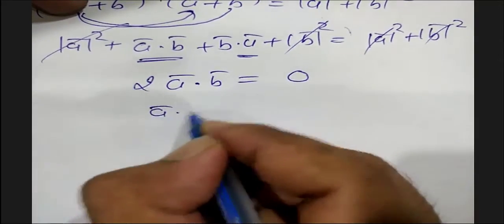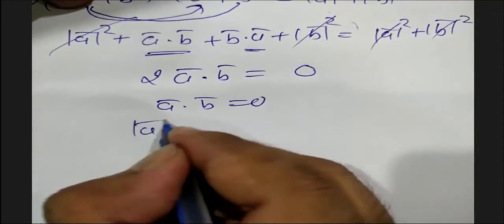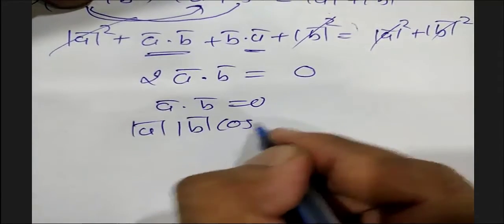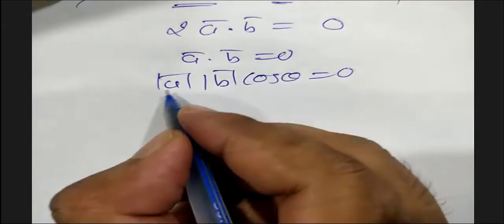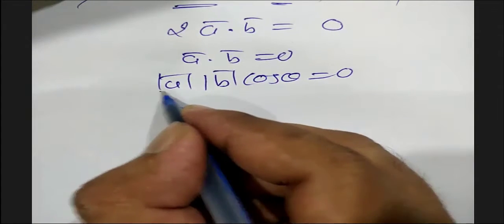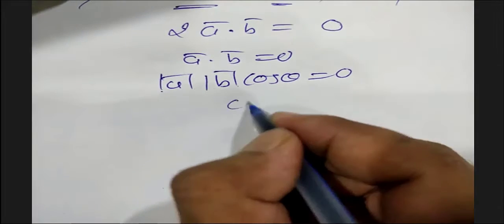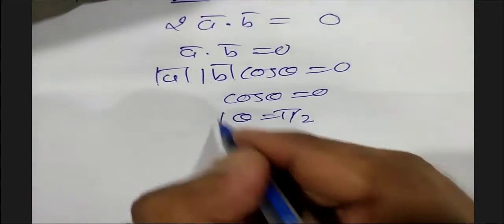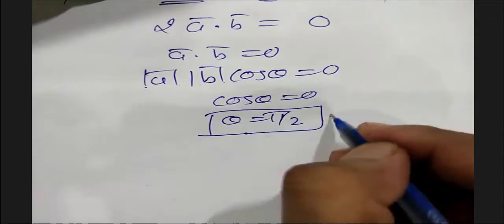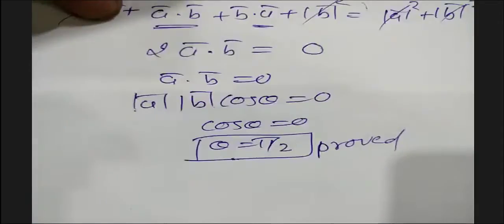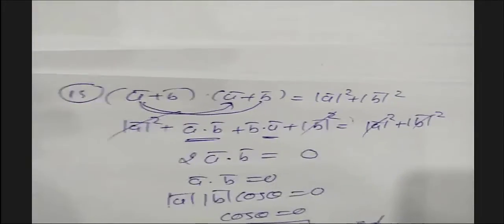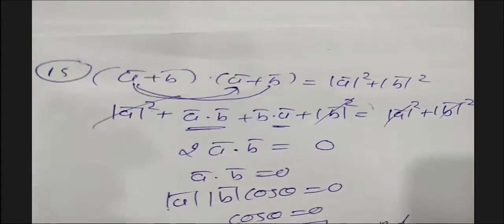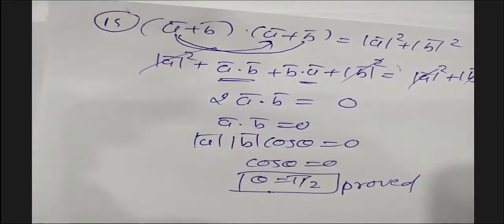It means magnitude of a bar, magnitude of b bar, and cos of the angle between them is equal to 0. In the question they said magnitude of a bar and magnitude of b bar are not equal to 0. Hence the compulsion is that cos theta must be 0, meaning the angle between them must be pi by 2, and this is the proof.